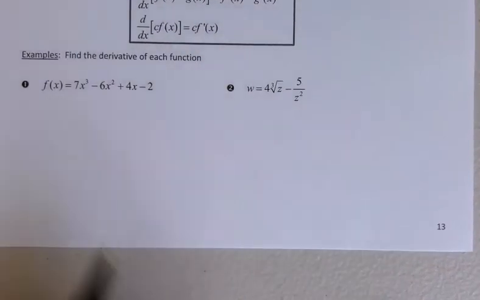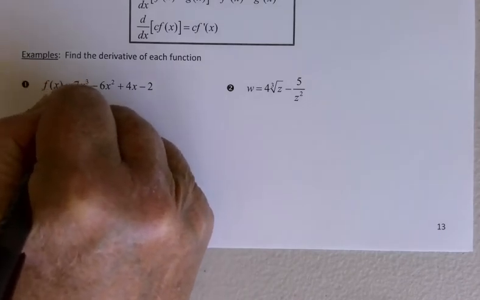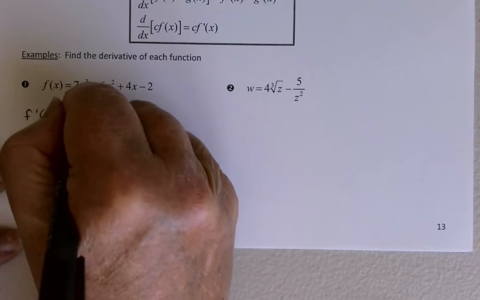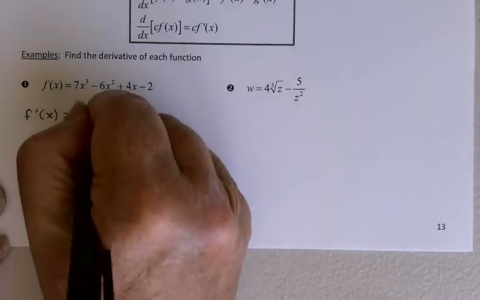I would like the derivative of this polynomial function, and it's just the sum and difference, so I can treat each term separately. And I'm going to say f prime of x would have the multiplier 7 times the derivative of x cubed.